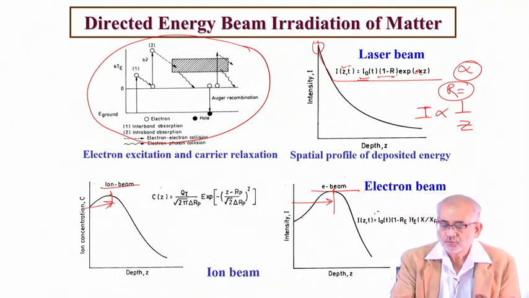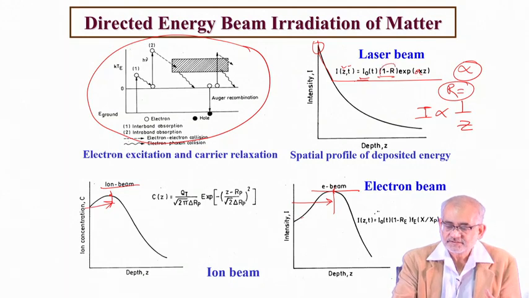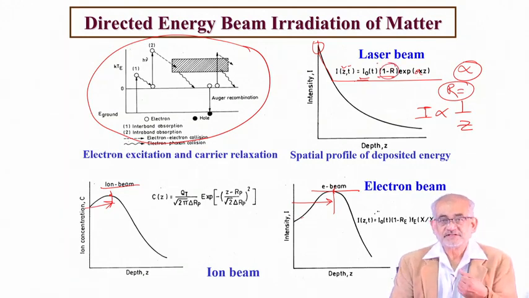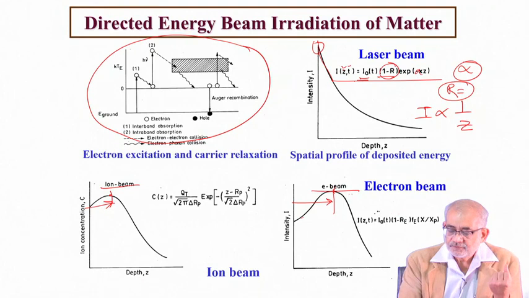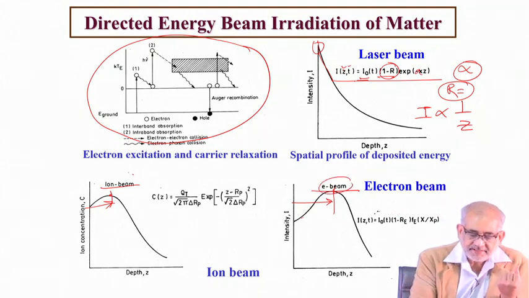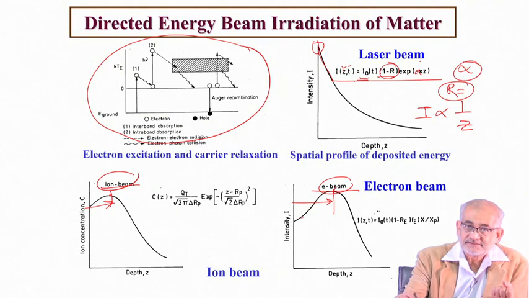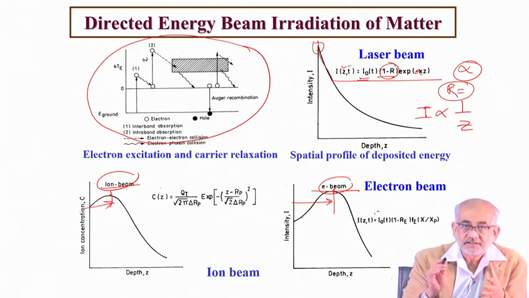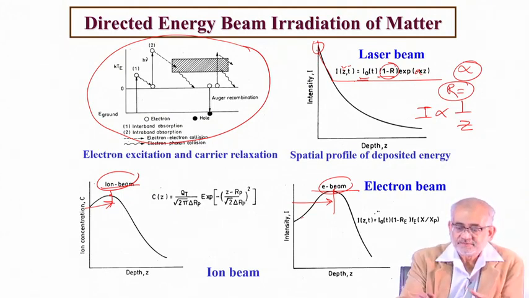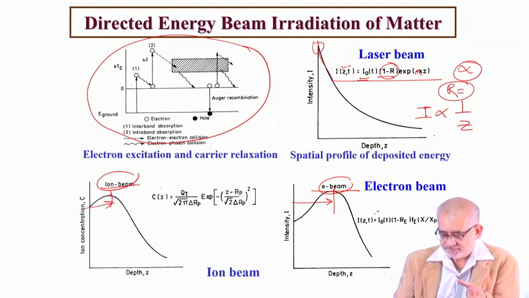Whatever is not reflected, whatever is absorbed, is expressed by this 1 minus R term. So compared to electron beam and ion beam, the biggest advantage of using laser beam is that the absorption is maximum at the surface, and it decreases exponentially with depth.